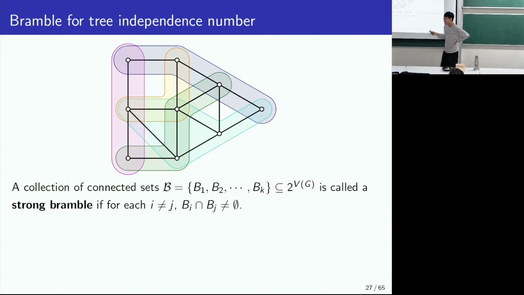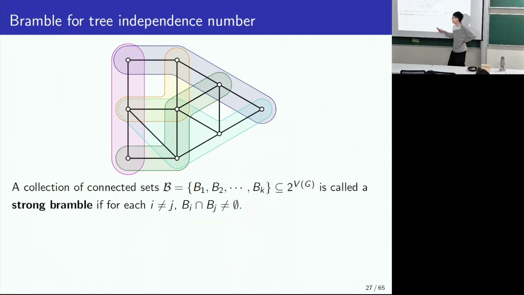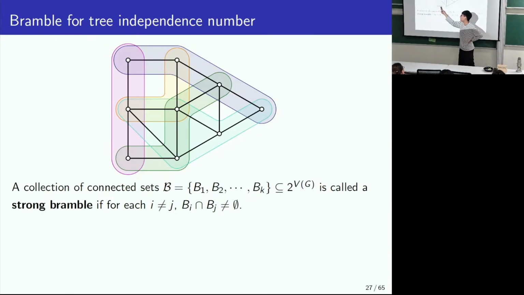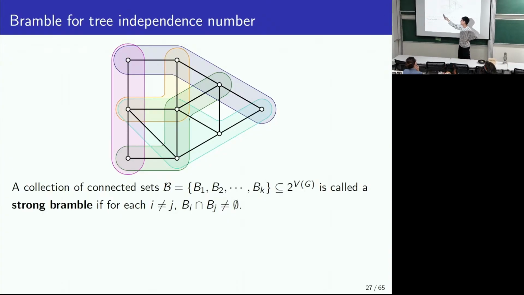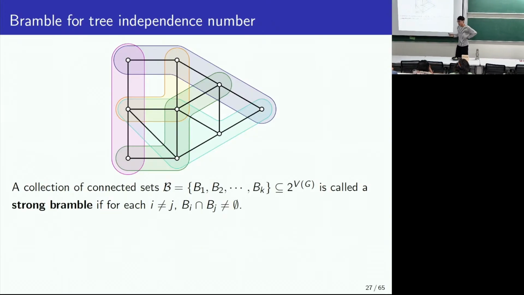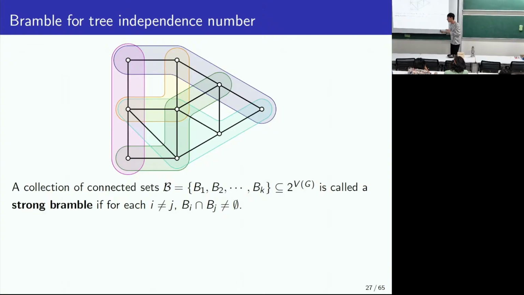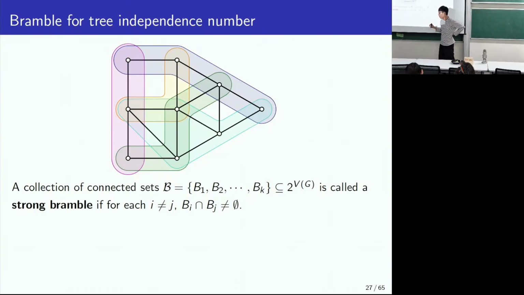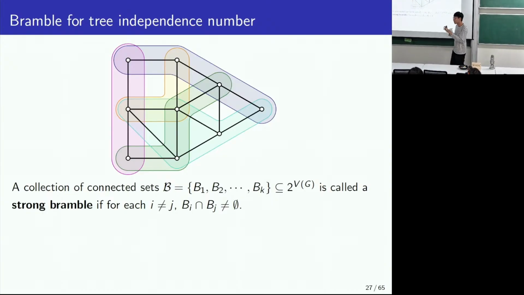A strong bramble is a collection of vertex sets such that each one intersects with each other. So for example, this pink one intersects with this green one here, and the sky blue one intersects here, etcetera. For normal tree width, we allow the bramble elements to touch each other.